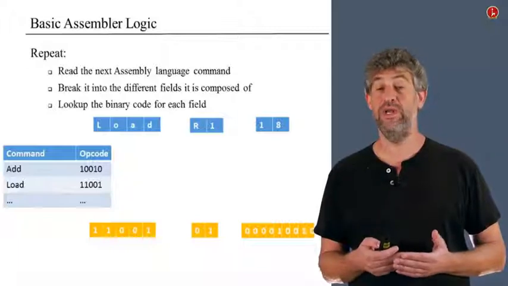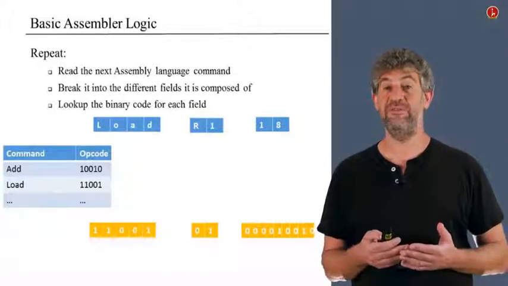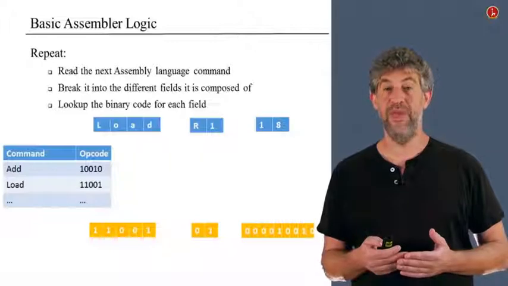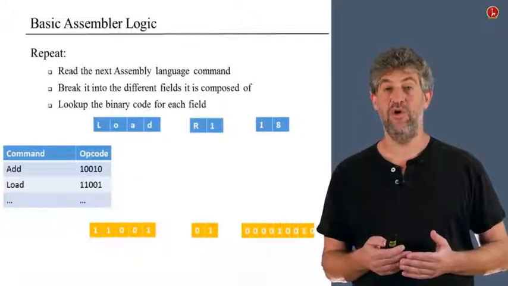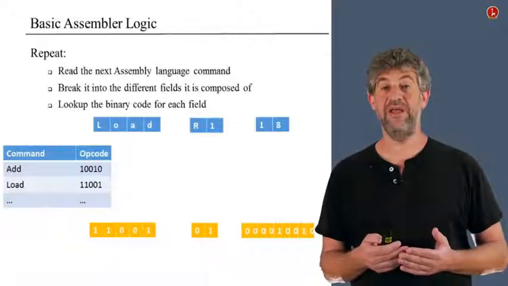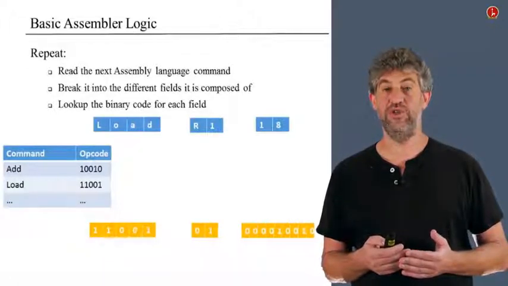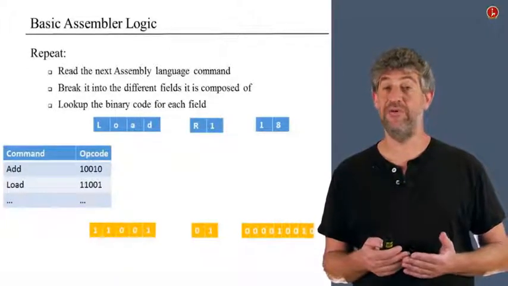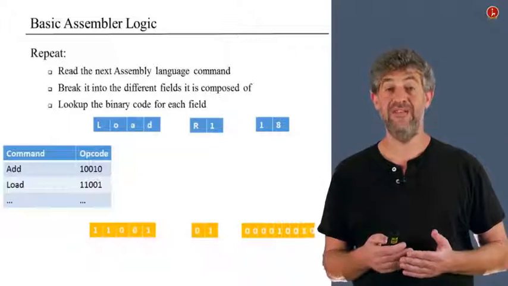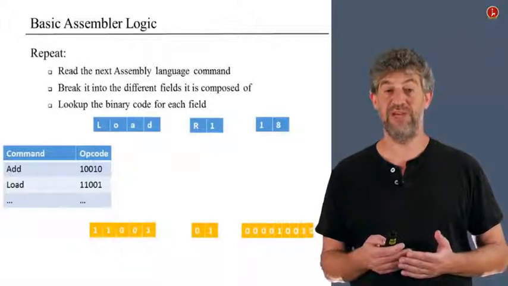In particular, we can look up in that table and see what the machine language code is for the load command. Other parts of the input may be, for example, numbers, which we can directly translate into machine language just because they are numbers. For example, the number 18 may be translated into the binary representation of the number 18. Again, this is part of the language specification.